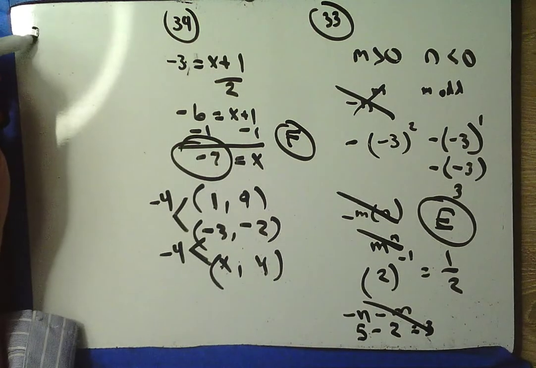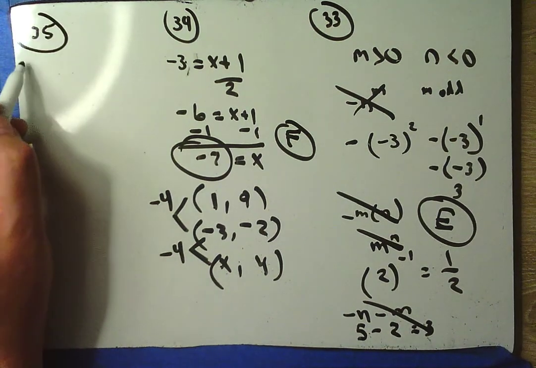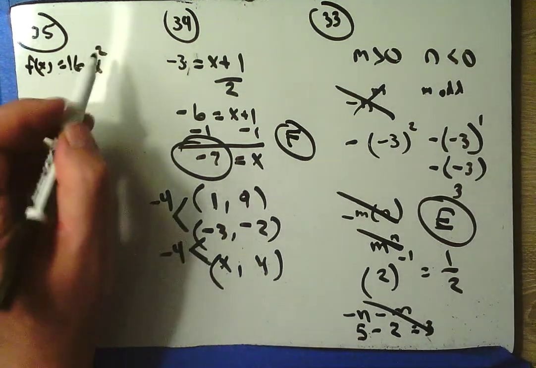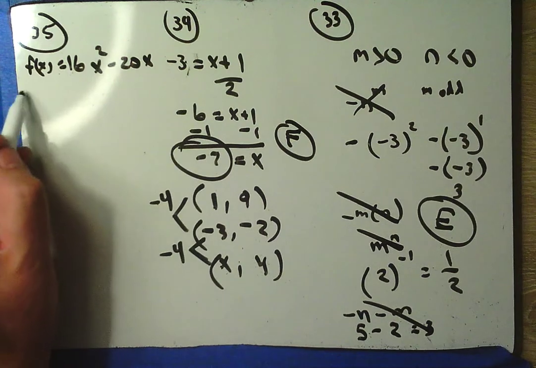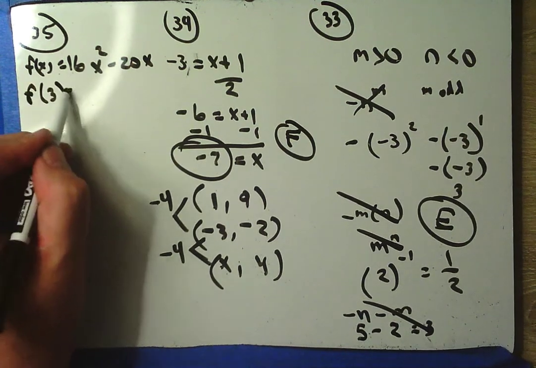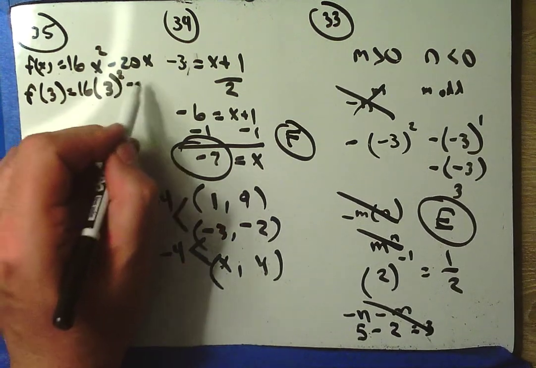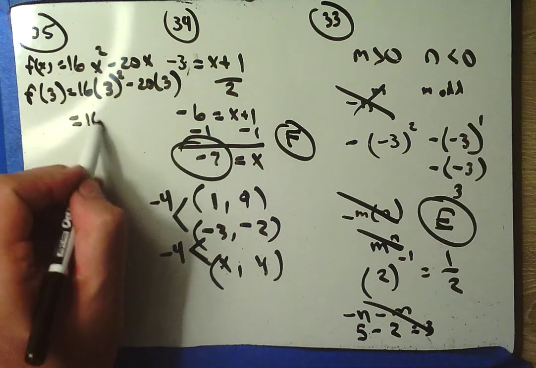Okay, 35. 35 says if f of x equals 16x squared minus 20x, what's f of 3? Well, you should all be very comfortable with f of 3. Don't make any small mistakes here, though. 3 squared has to come first.